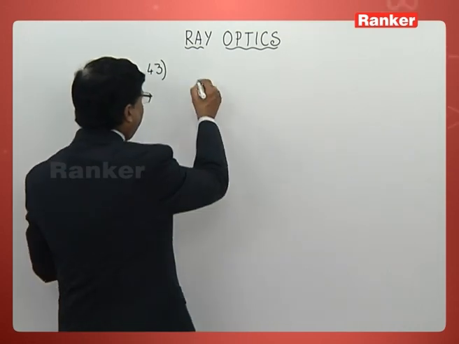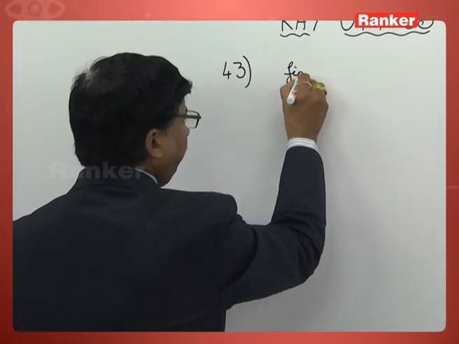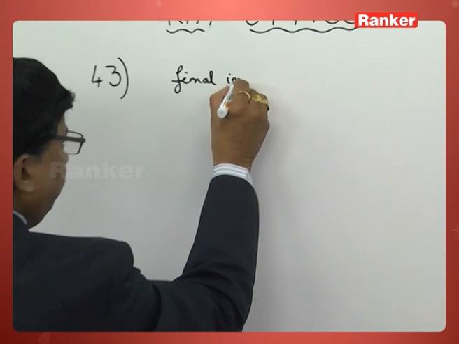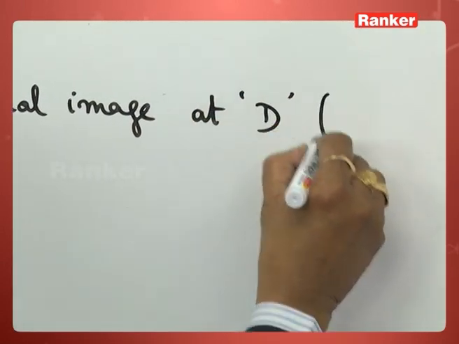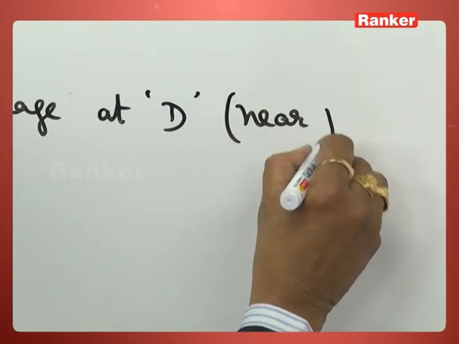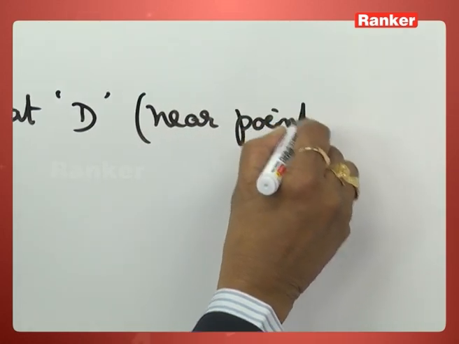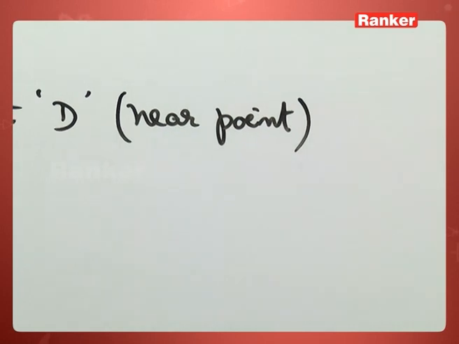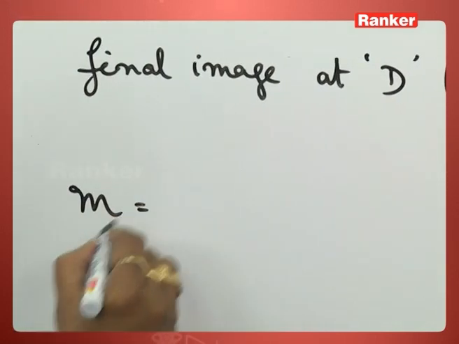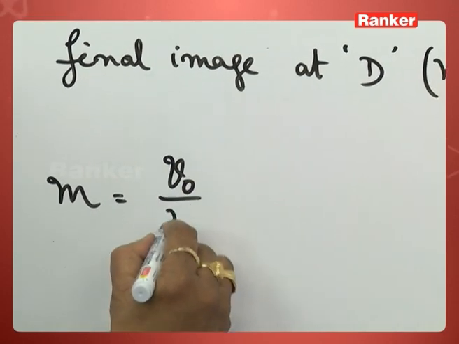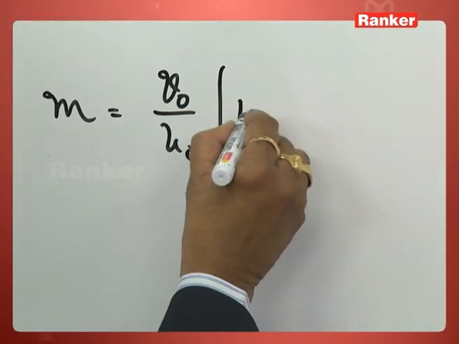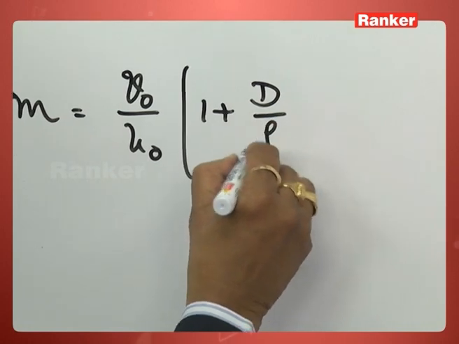So we can understand directly that the final image is at D, which of course we call the near point. Then what is the magnification formula first of all? We all know that very well: VO by UO into 1 plus D by FE.